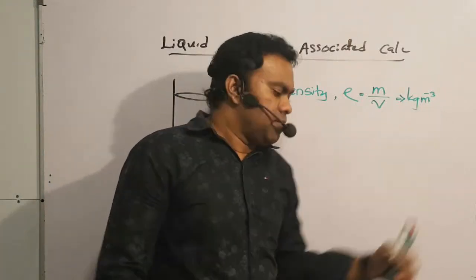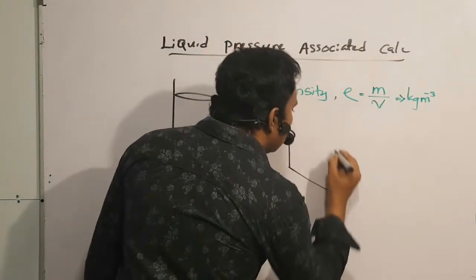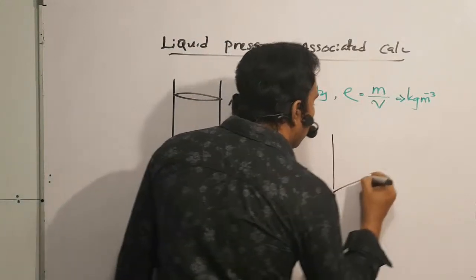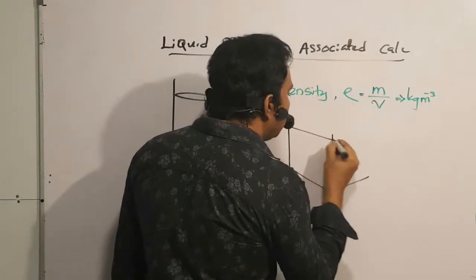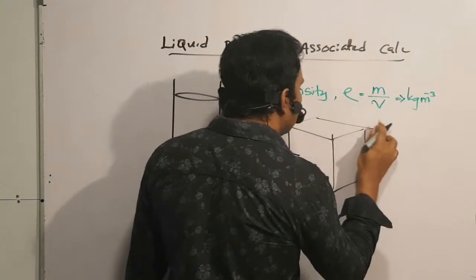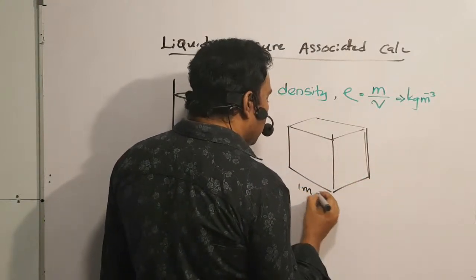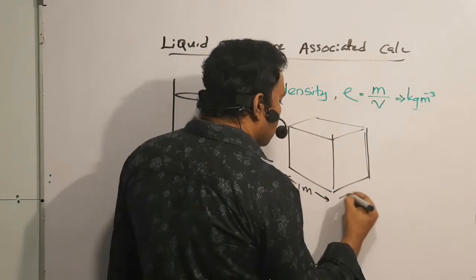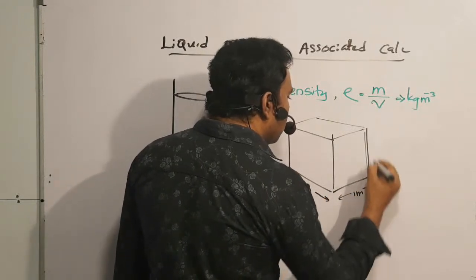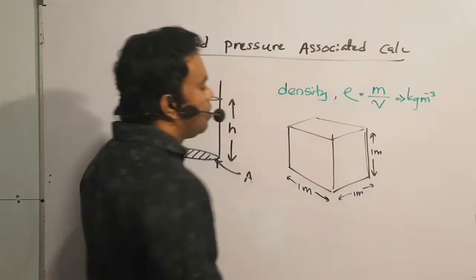Cubic meter means 1 meter length, 1 meter breadth, 1 meter height, a cube shaped tank.